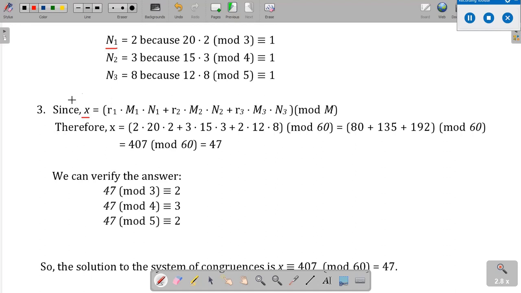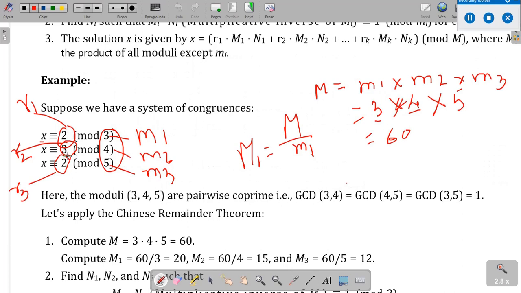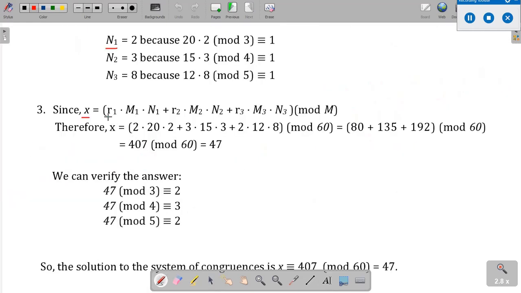To find the value of x, we will apply the formula. r1 is the remainder, and the remainder is given in the problem. R1 is 2, R2 is 3 and R3 is 2. So 2, 3, 2 are the remainders as given in the problem.